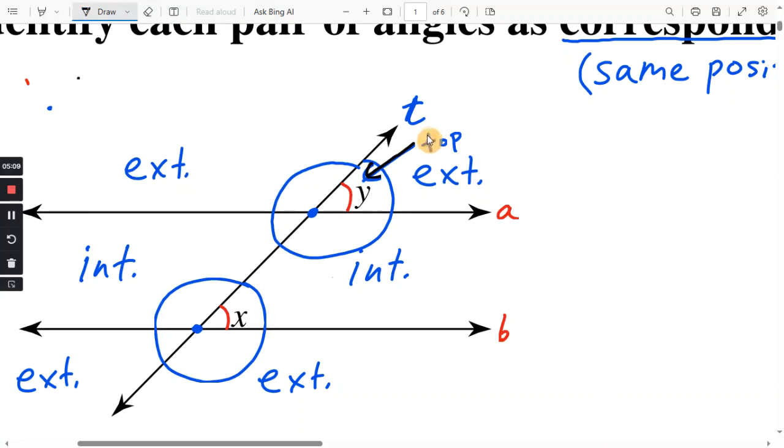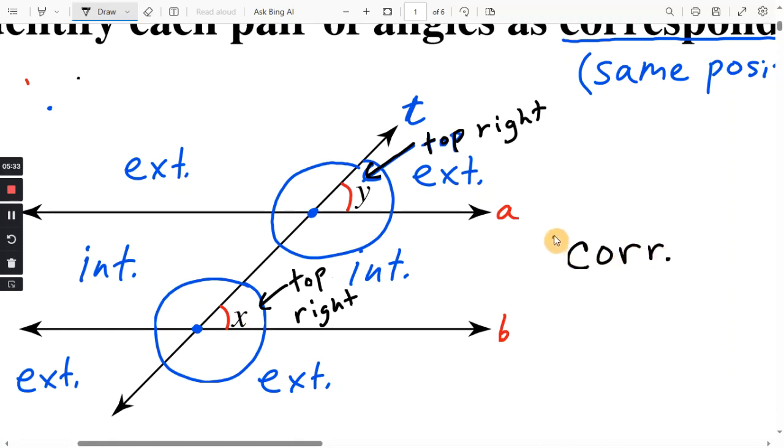This angle right here is on the top right. And out of these four angles, this angle right here is also on the top right. So that's what makes them in the same position. So these angles are going to be corresponding. You can just write CORR if you like. Those angles are going to be corresponding.